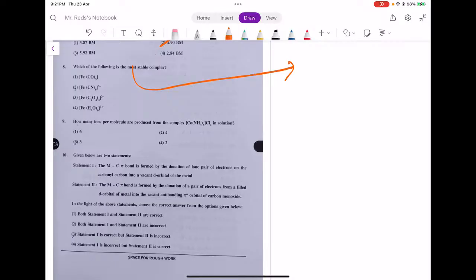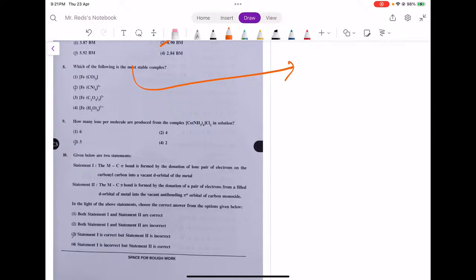This is trioxalatoferrate(III) ion. Hexaaqua iron(III). But asked here, which is the most stable complex?